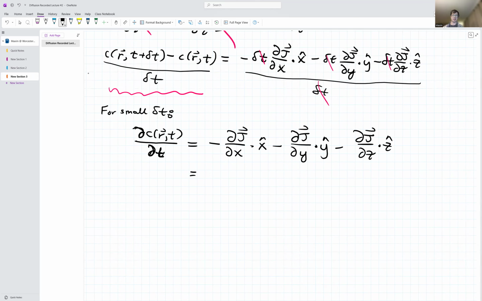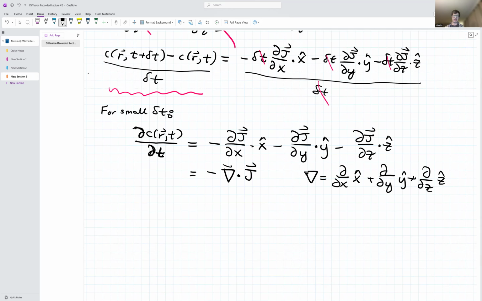It's minus what's called the gradient operator dotted into J. You can think of the gradient operator as just applying the derivatives along each direction, and then the vector is given in terms of those directions. So you apply a derivative along x and dot the result into the x direction. And this is like a vector which you can dot into other vectors.